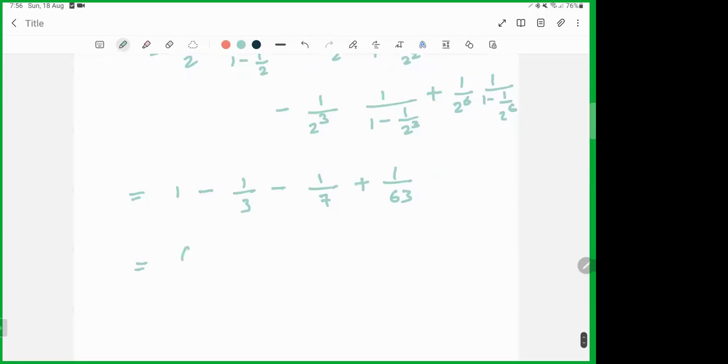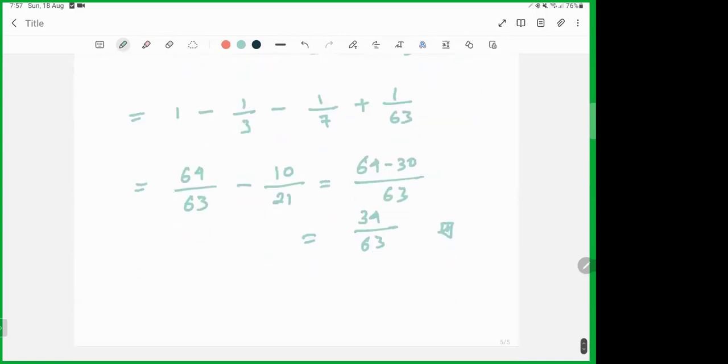So this will be 64 by 63 minus 7 minus 3, minus 10 by 21. So you compute it and you will get 64 minus 30 over 63. So this will be 34 by 63. I hope it is clear. Is it clear? Yes, sir.